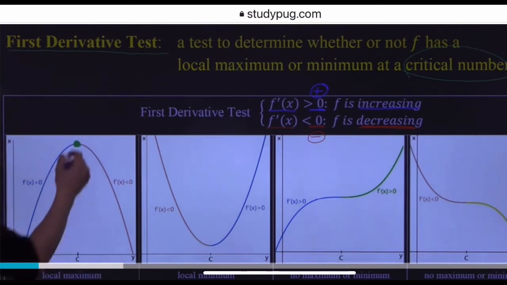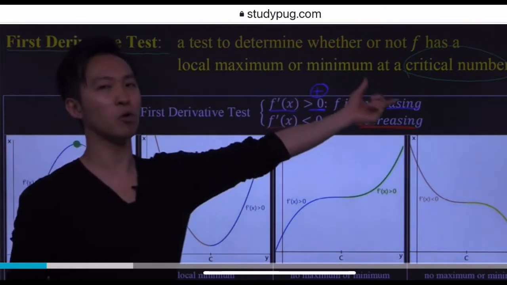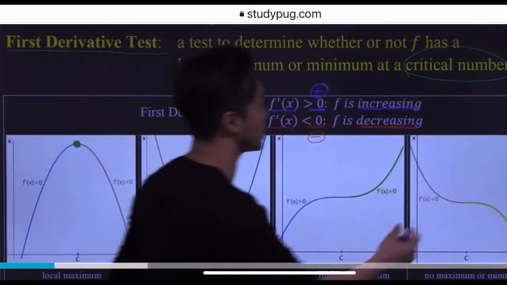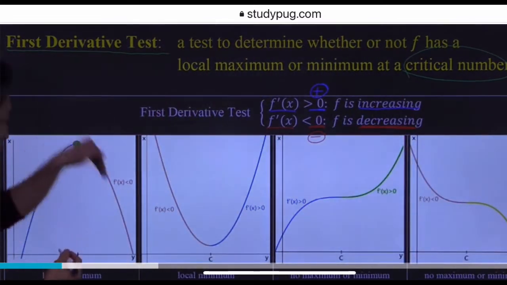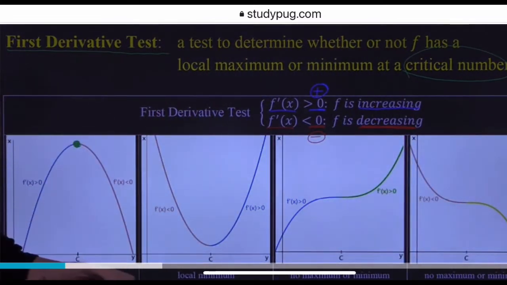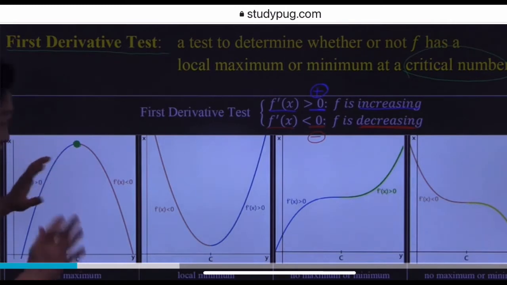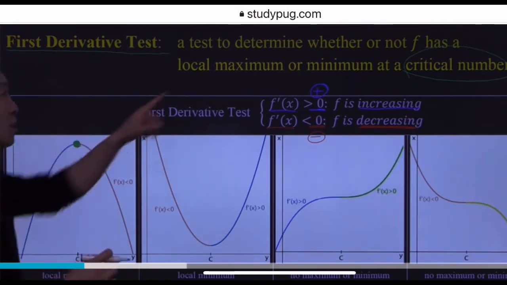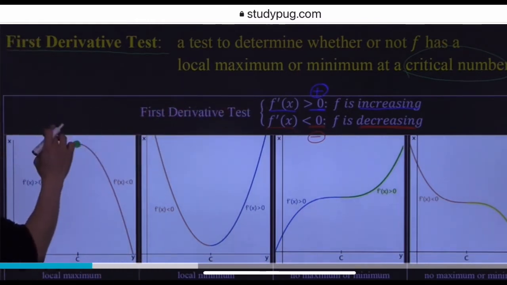Now, would this critical point give us a local maximum or local minimum, or neither? Let's see. Okay, so in this case, a function goes from increasing to decreasing. Okay, so if a function goes from increasing to decreasing, then visually we can see that the critical point will give us a local maximum, right? Then we have a highest point in this local region, right?